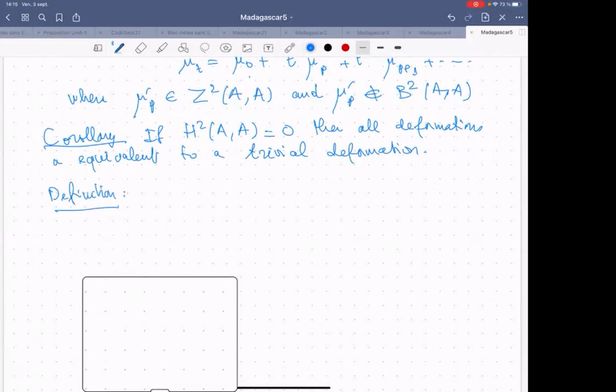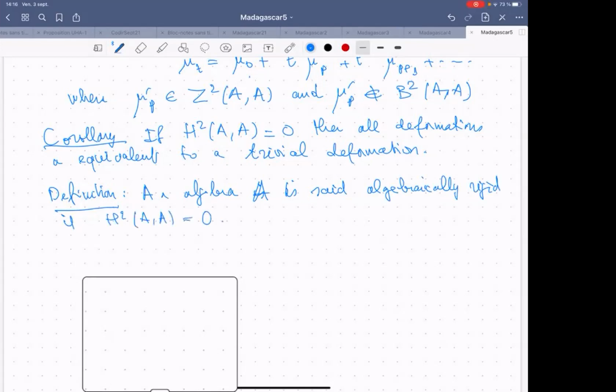An algebra A is said rigid, sorry, not rigid, but algebraically rigid, because there are other concepts of rigidity, said algebraically rigid, if H2 of A with values in A is 0, okay?